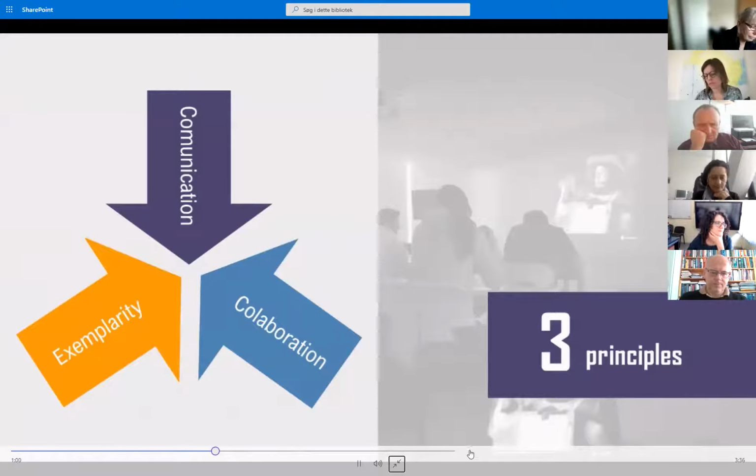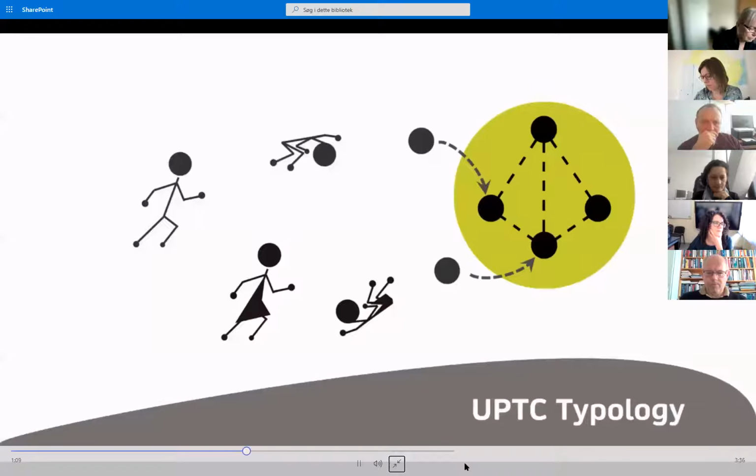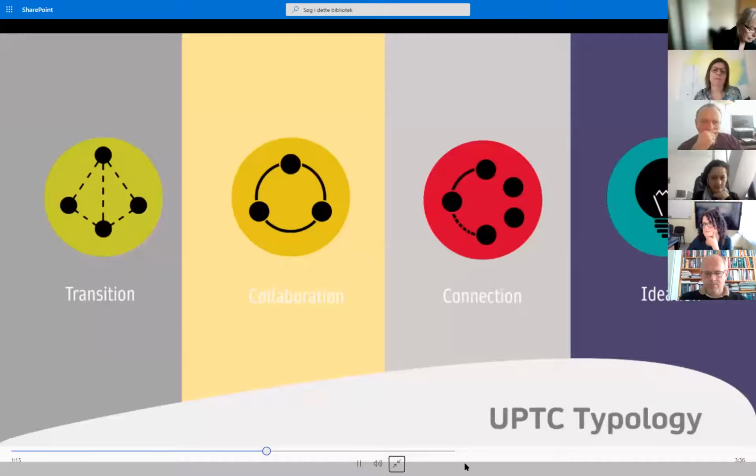This initiative is aligned to the transformation of the classroom as active learning spaces, where we use the space as a motor of the change. We design a typology that considers each member of our community as a networking node. We define 4 spaces: transition, collaboration, connection, and ideation.